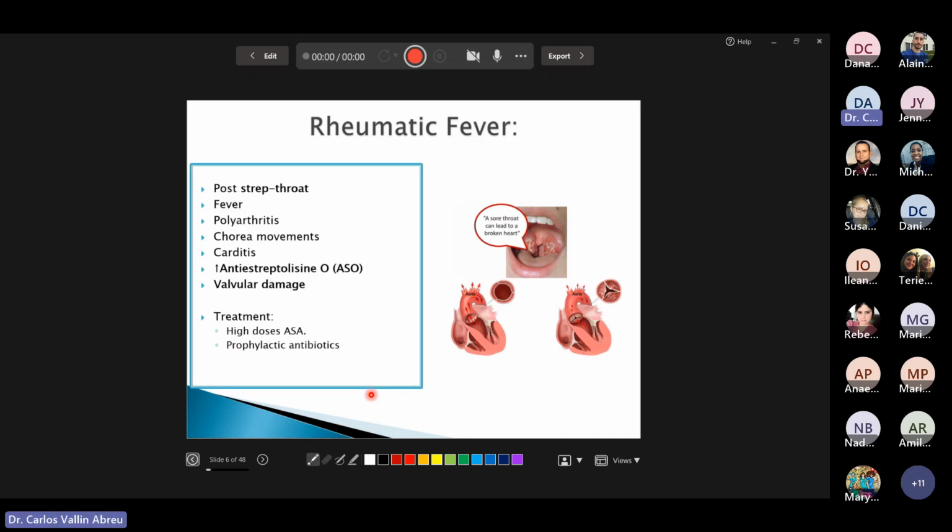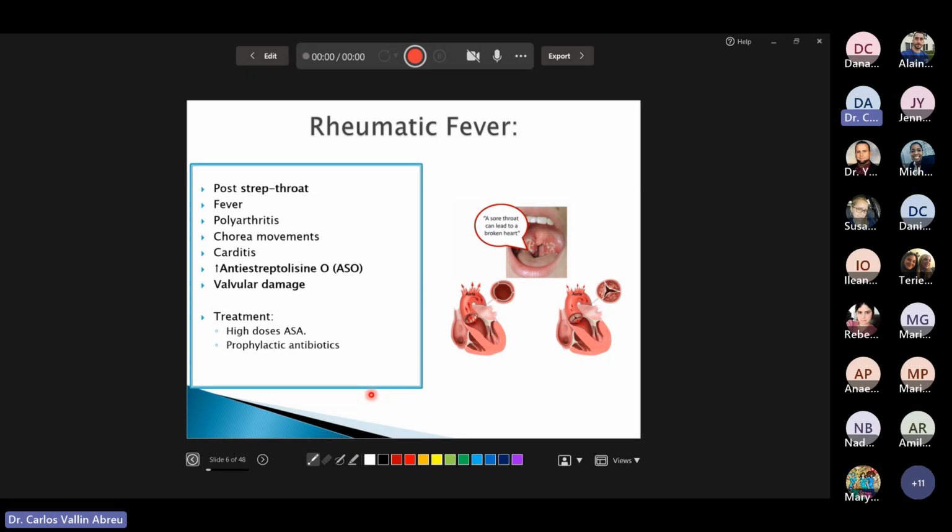Another condition that is seen more frequently in children and young adults is rheumatic fever. Rheumatic fever is also an autoimmune disease. So the immunity, the antibodies, and the white blood cells get confused and attack the body.